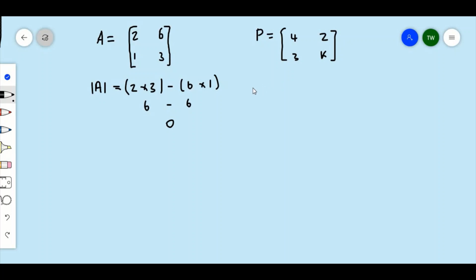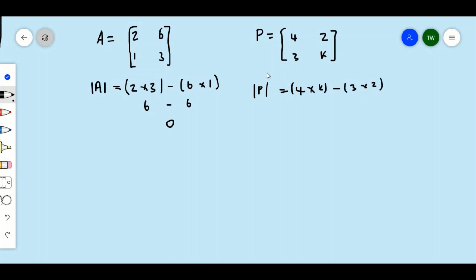So therefore, know that the determinant of P is going to equal the product of the main diagonal, which is going to be 4 times K, minus the product of the minor diagonal, which is 3 times 2 here.